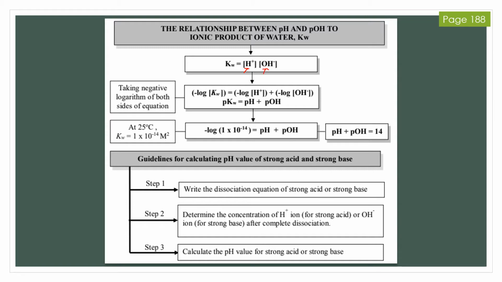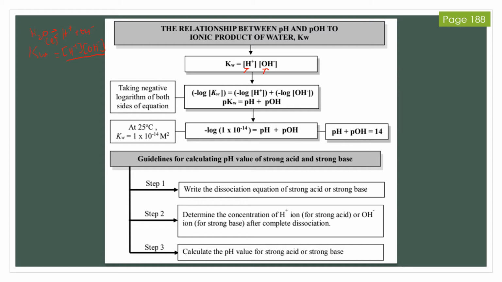How do we get this? Because for Kw, if I write here, dissociation of the H2O produces H plus and OH minus. So if you write down the K expression for the water, Kw, you will get the concentration of the products, which is H plus and OH minus, multiplied, divided by H2O. But for H2O in this case, it is in liquid form.